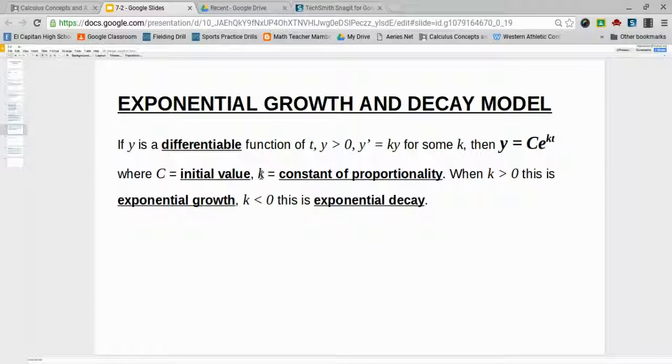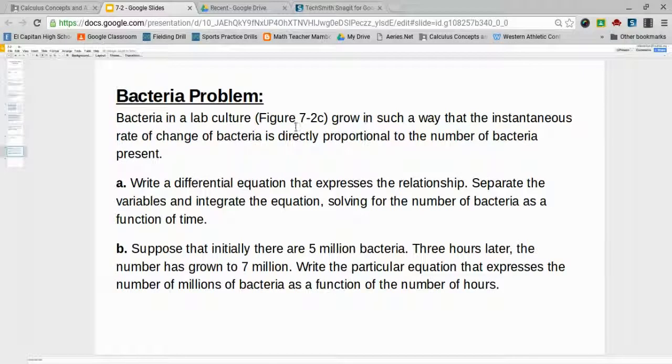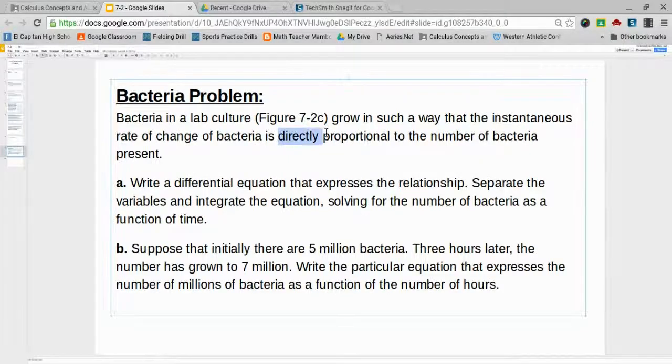In some word problems it will say directly proportional, then you know that you're going to have a K in your differential equation. So far that's what this is, directly proportional. There's my K, and I know that it's directly proportional to the number of bacteria present.